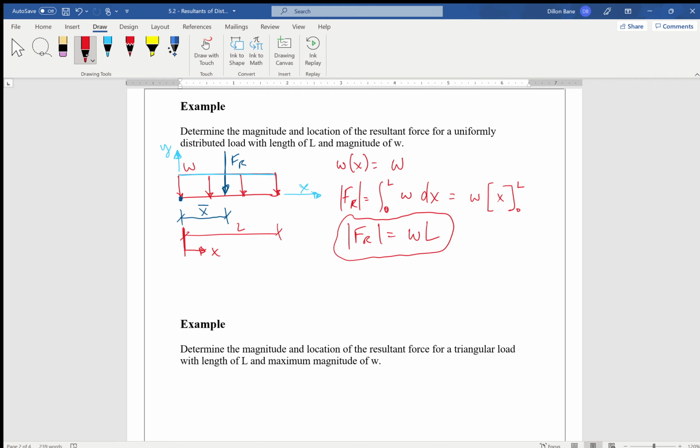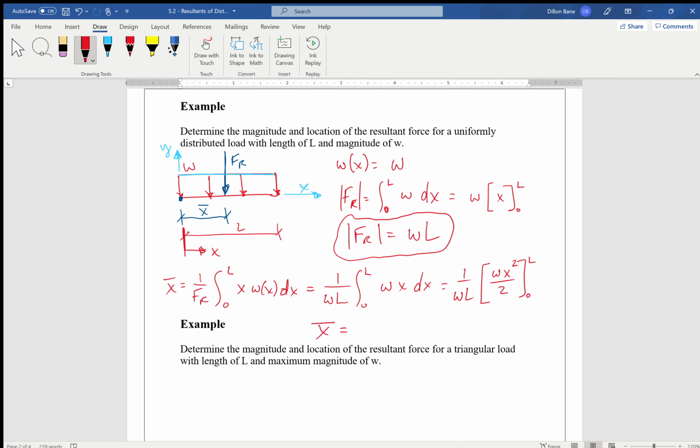If we do this math, we get 1 over WL times the integral from 0 to L of x times W, which is just Wx, dx, and what we get is 1 over WL times the integral of Wx squared over 2 evaluated from 0 to L. And what we find then is that x bar is just equal to L over 2.